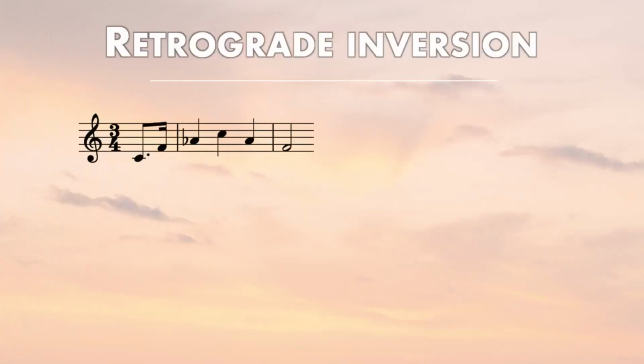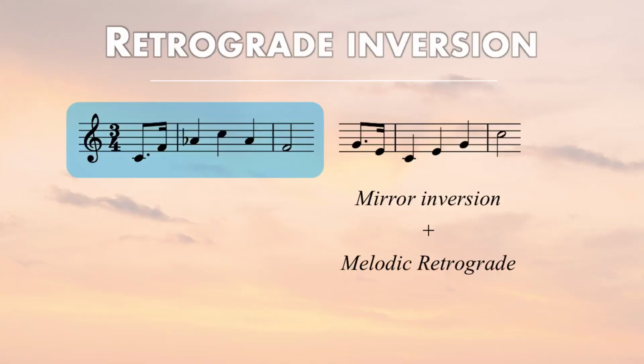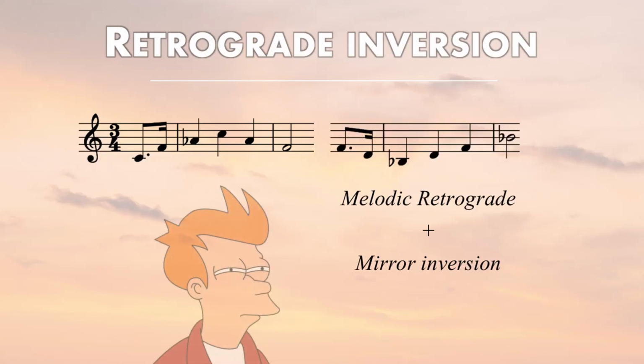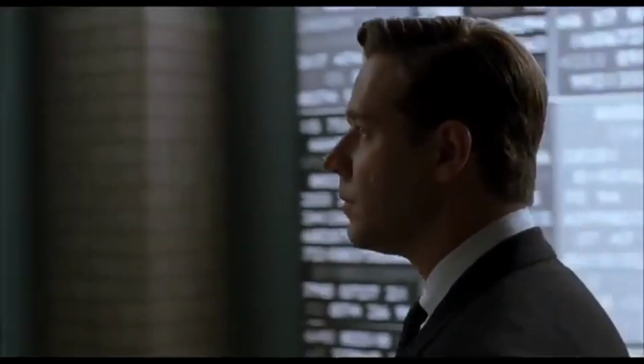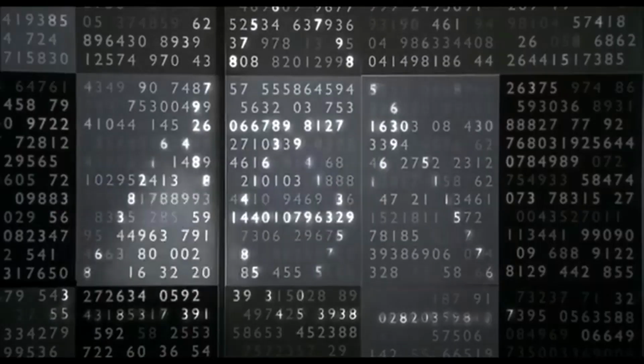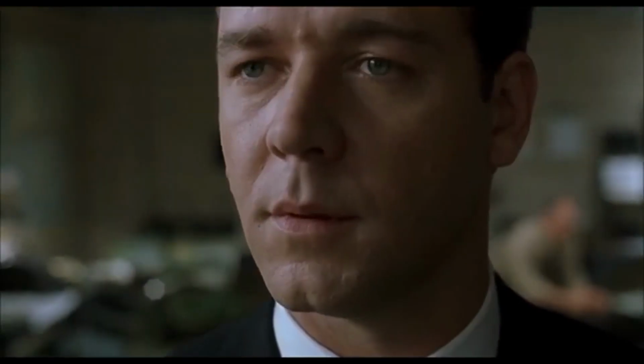And finally, the retrograde inversion is a mix between both. As you can see, the connection between the initial motif and the symmetric treatments is far from intuitive, so don't assume the listeners will immediately notice it.